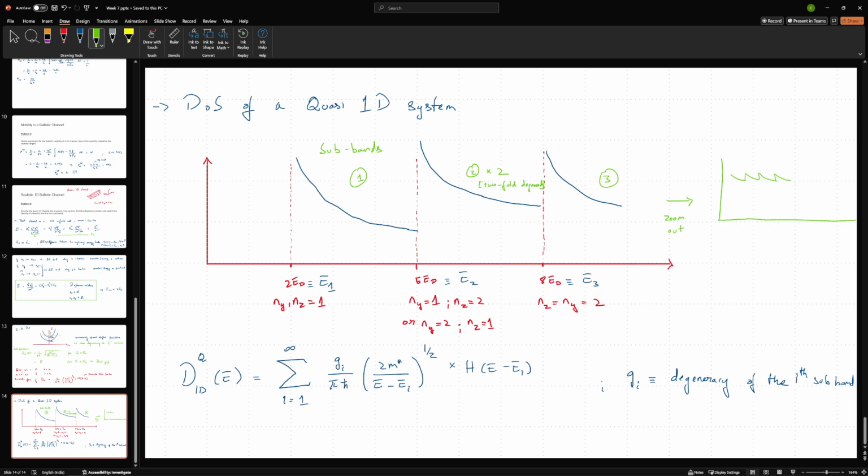It'll be kind of like a sawtooth trail, but the point is, if I significantly zoom out, this is actually a straight line. This will actually look like a 2D density of states.